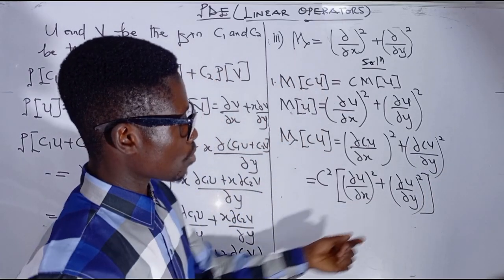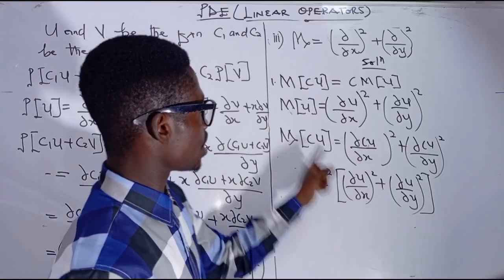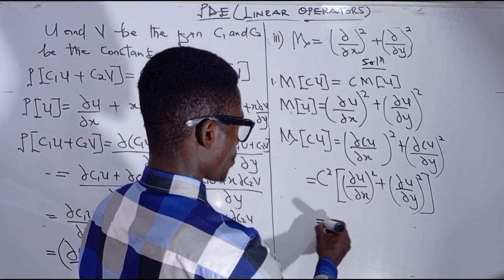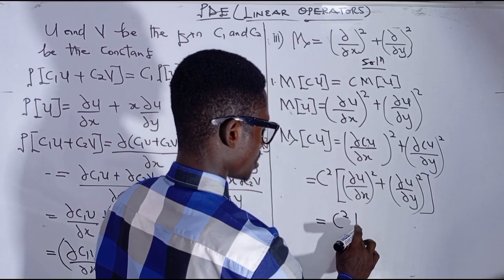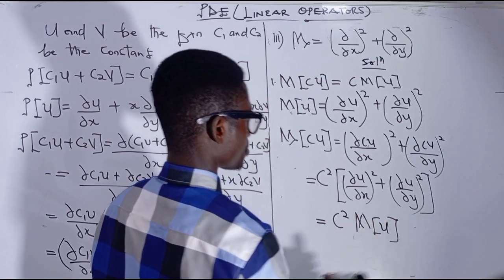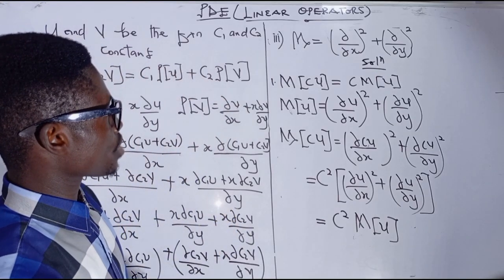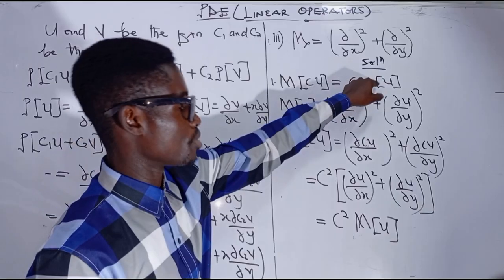Now from here you can see that what is in the bracket is the same as MU. So in place of this, we can write MU. So we have C squared MU.